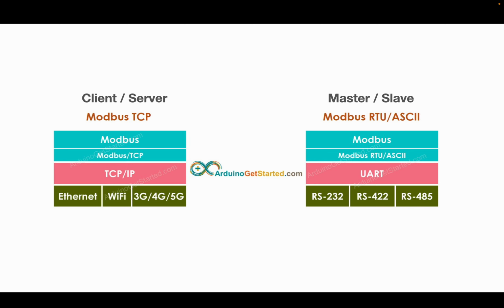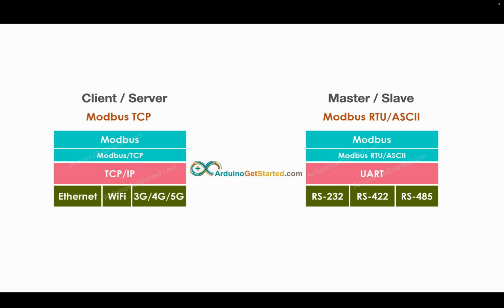Could be Ethernet, could be Wi-Fi, could be mobile phone network. And on Modbus RTU, the serial one, we are using a UART, which is a serial communications processor, and then the transport method is normally via RS-232, 422, 485.